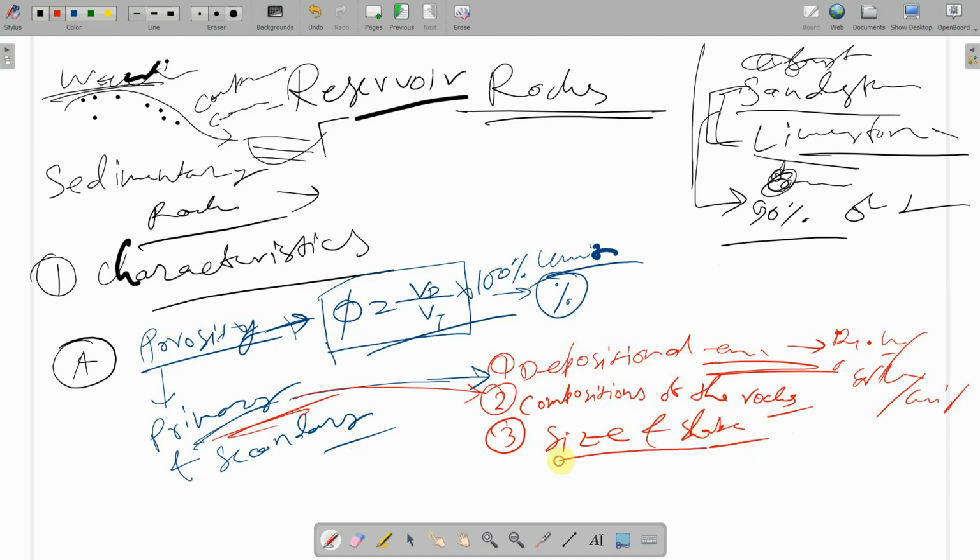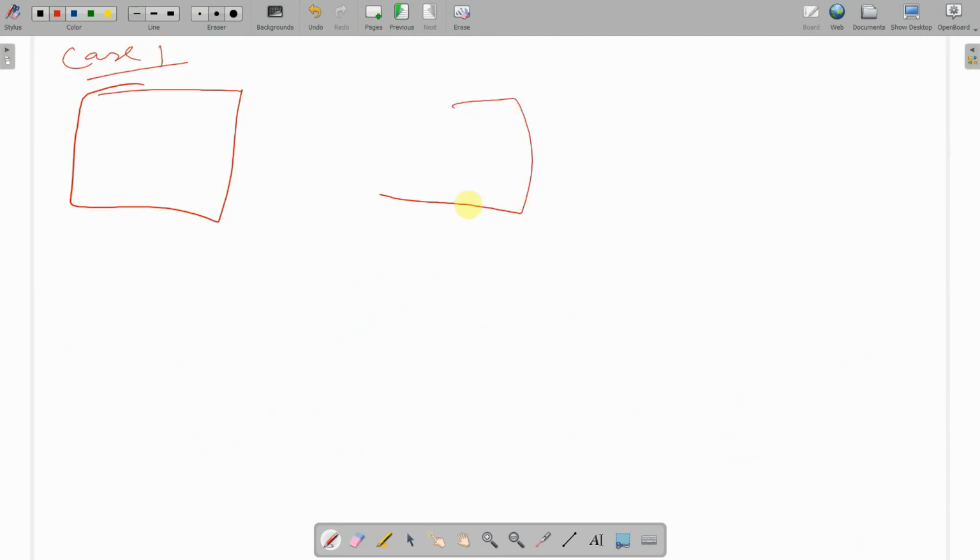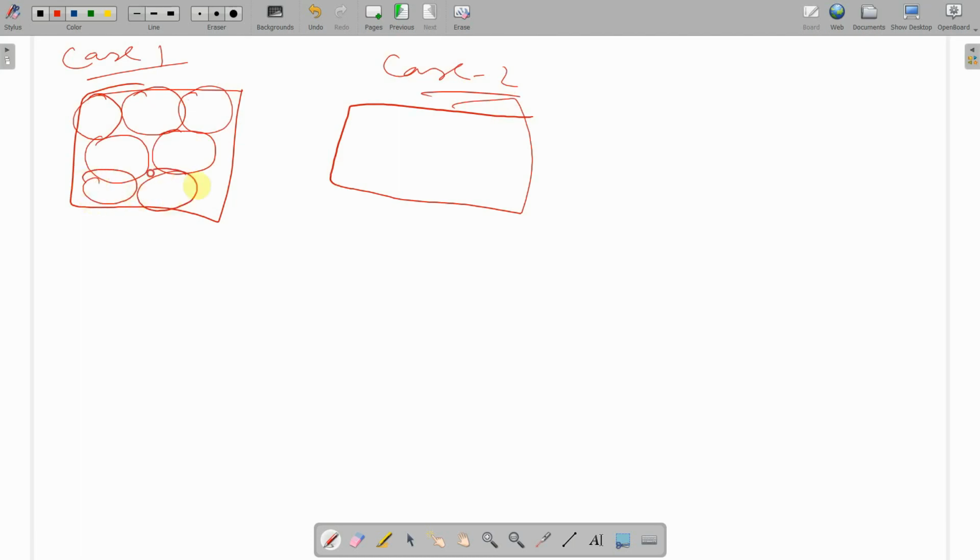Now let's take an example to understand this topic. Let's take two case studies. This is case 1 and this is case 2. Here you are filling with some beach balls, and this you are filling with marbles, like we used to play with in childhood, not marble rock, or small balls, let's say tennis balls.